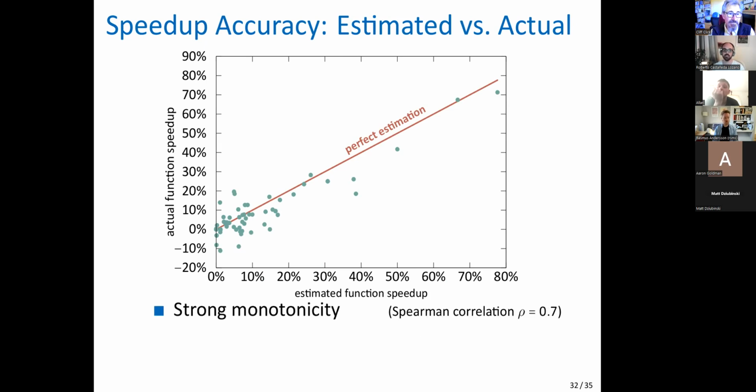So what do we see here? First of all, there's a strong monotonicity. This means that if our solver is telling us that we're generating better code, then it is likely that we are generating better code, at least. So that is something. But of course there are inaccuracies. If our solver is telling us we're generating code that is 10% better, it might be 10% or it might be 3%.